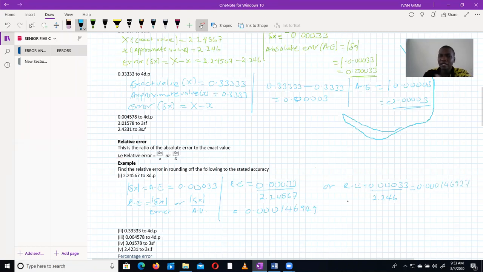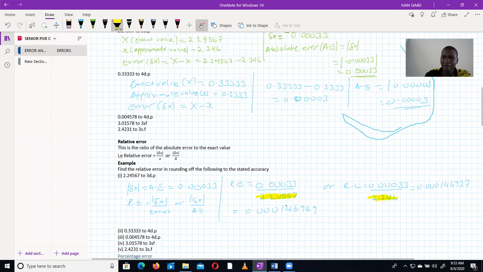So we said, yes, we used approximate value. Here this is the exact value, and this is the approximated value.